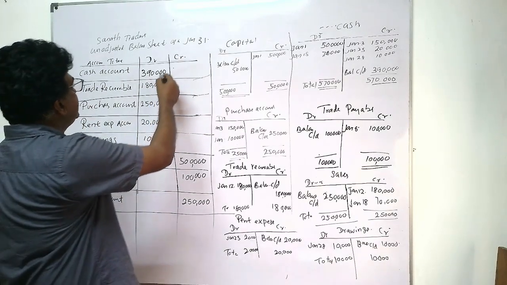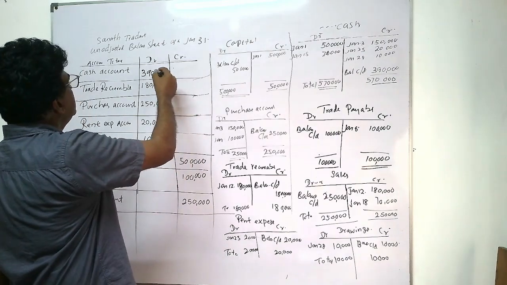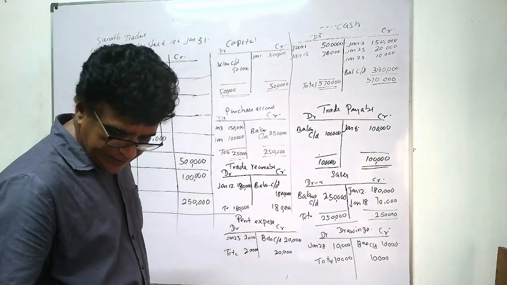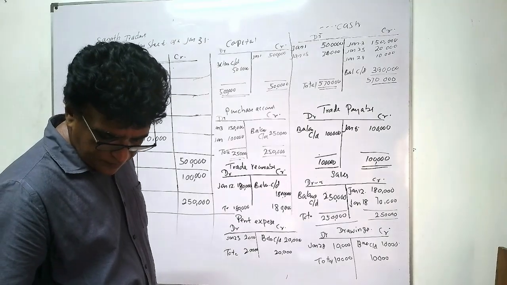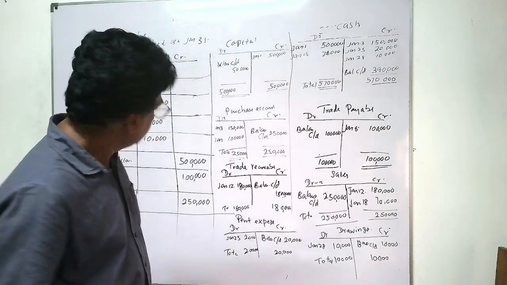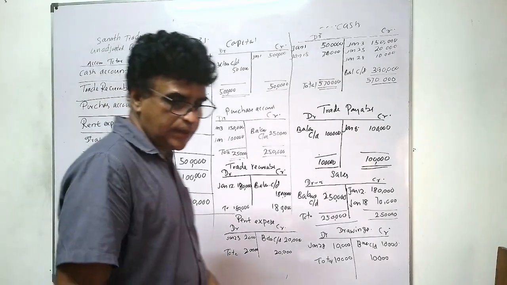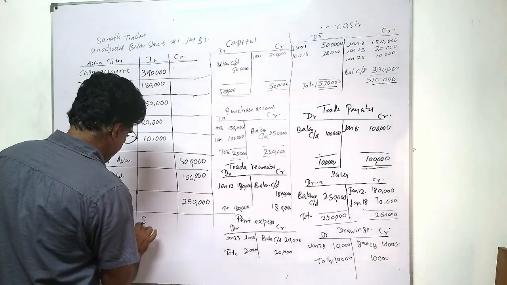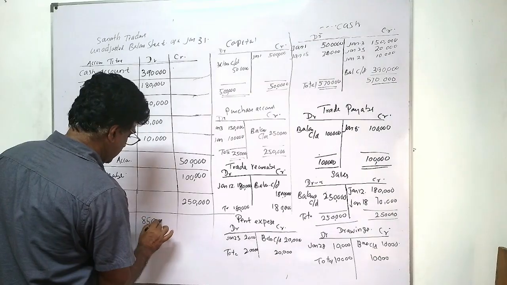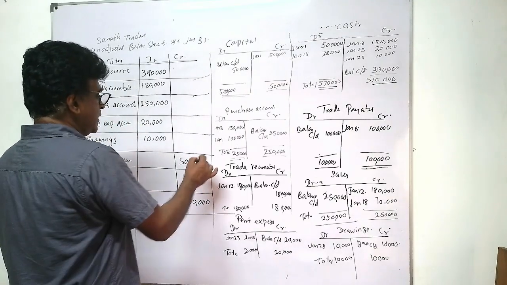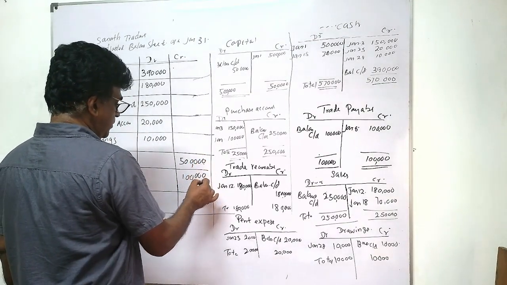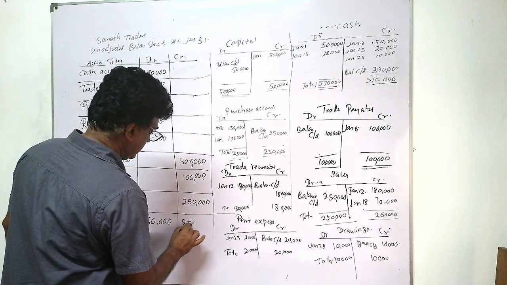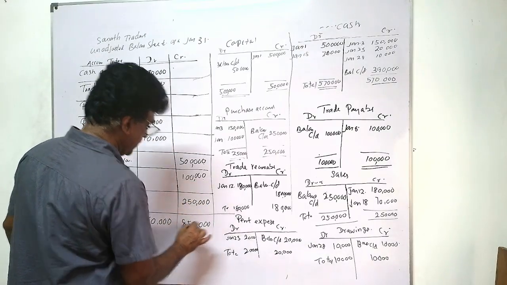What is the credit total? 390, 180... it is 850,000.